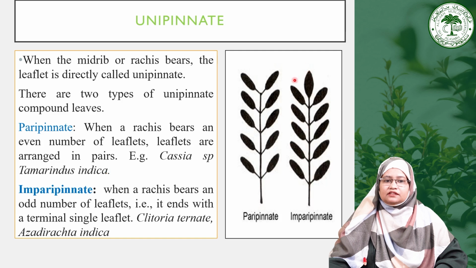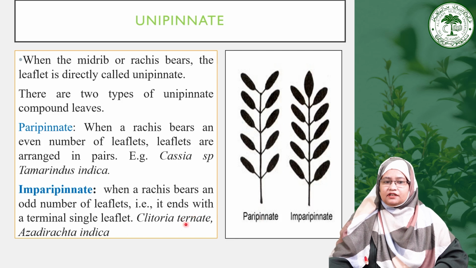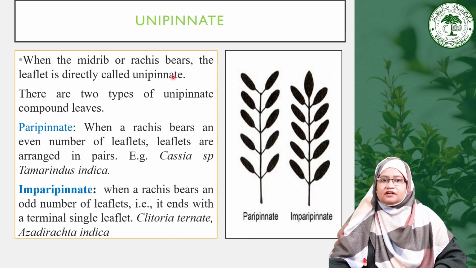It bears an odd number of leaflets with a terminal single leaflet at the end, as you can see here. Examples of this type of leaf are Clitoria or maybe Azadirachta indica. So these are the two types of unipinnate leaves: in paripinnate the leaflets are in pairs, or even numbers, and in imparipinnate the leaflets are in odd numbers.